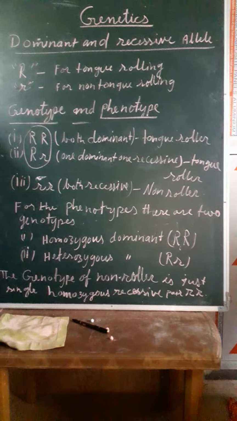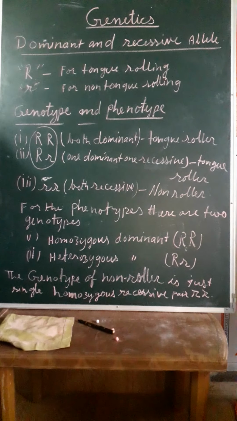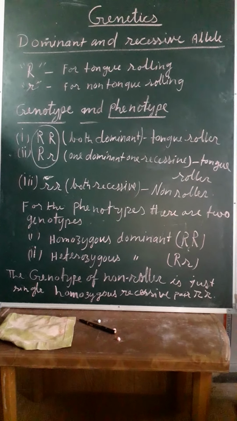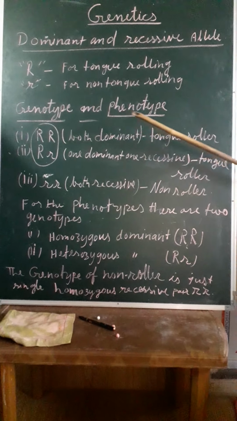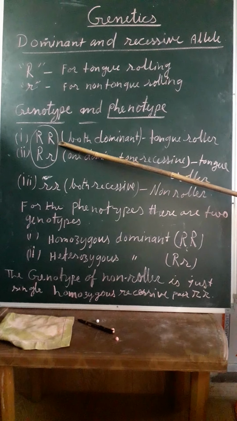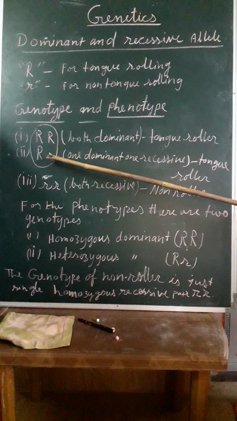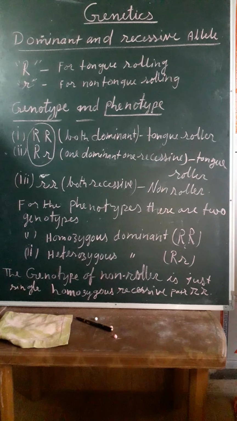You can see from the above example that tongue rollers have two kinds of genetic constitutions. Capital R and capital R, and capital R and small r, both are able to roll the tongue.